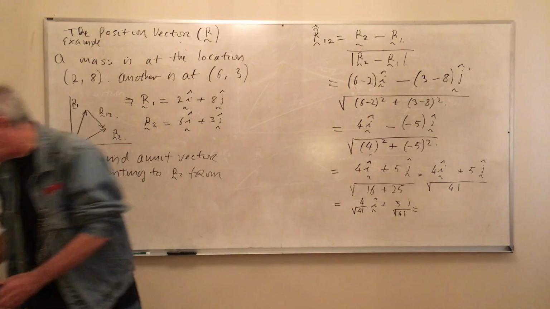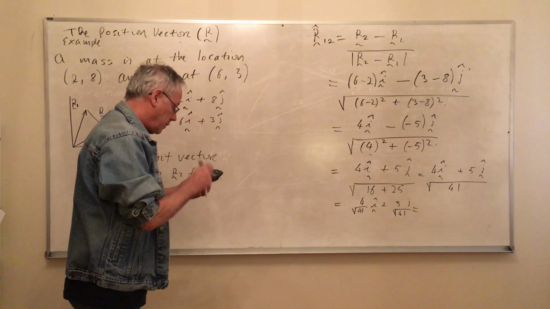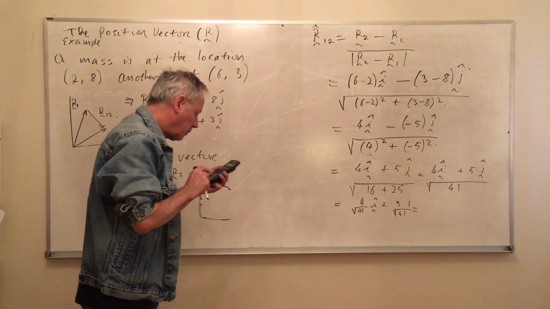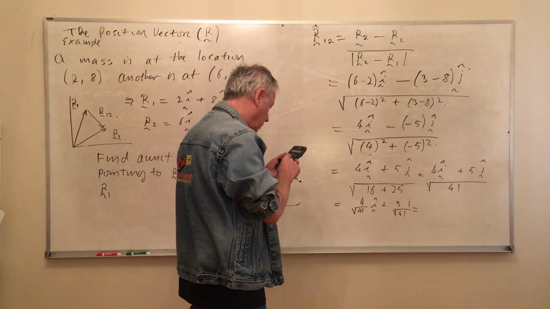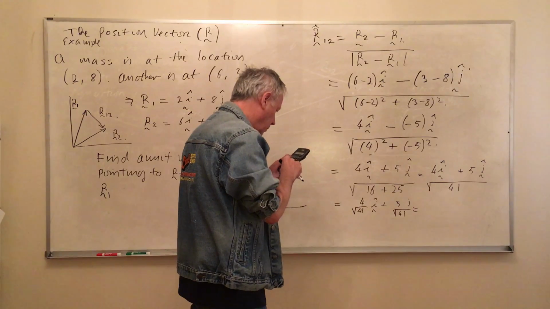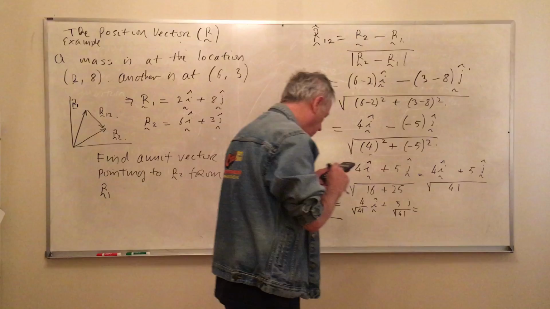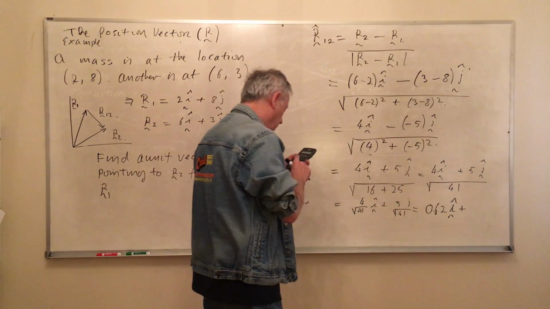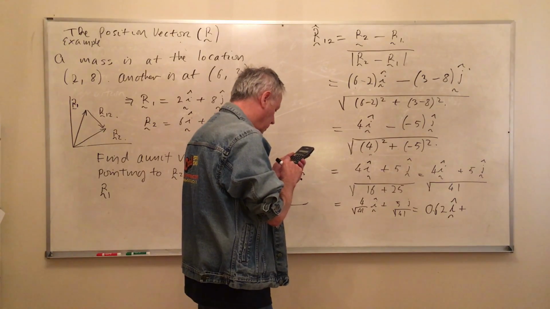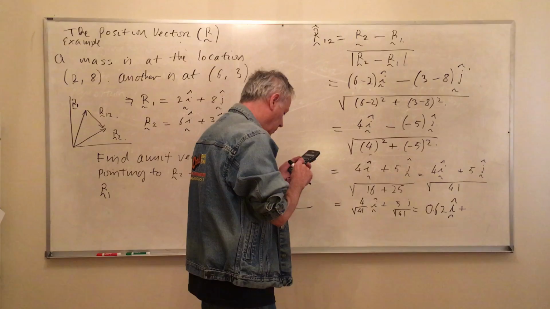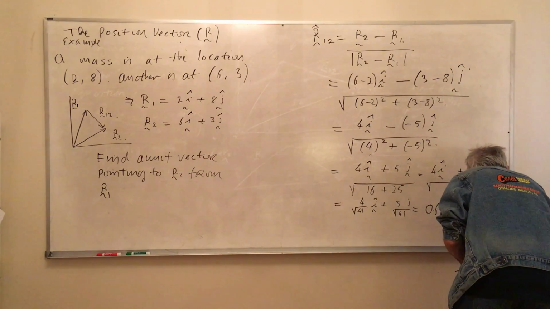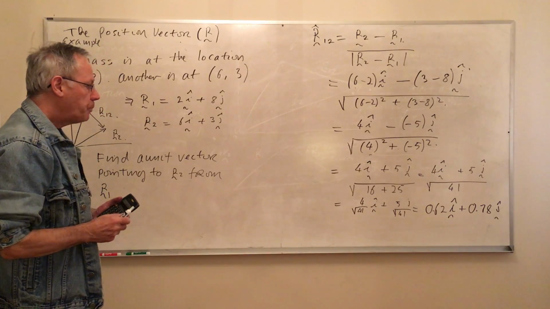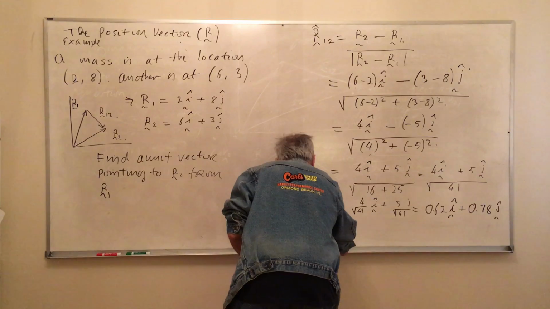Now you know you can do that in your calculator, but I'll do it just for the record. So this particular vector has components 0.62 in the i direction and 0.78 in the j direction, and that is the unit vector R12 hat.